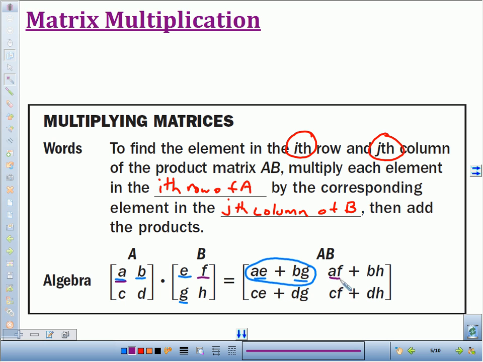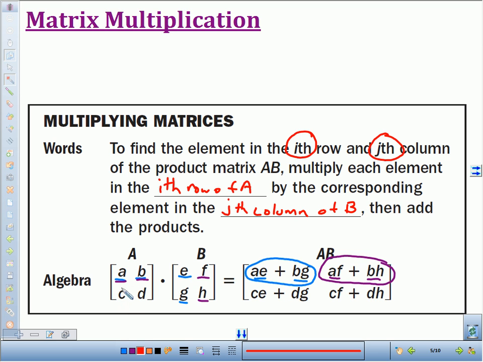And that gives me AF. Then I'm going to multiply the second element of the first row by the second element of the second column. And I get B times H. And that gives me my second element.